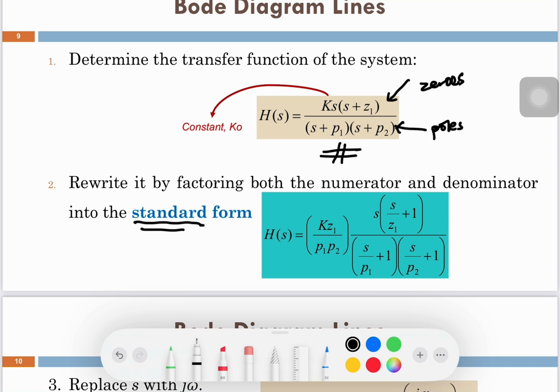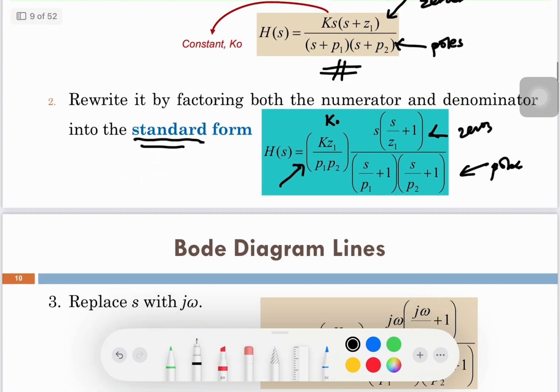We call this the constant K naught. This is your zeros and this is your poles. So you need to convert the given transfer function into the standard form. Let's take a look.